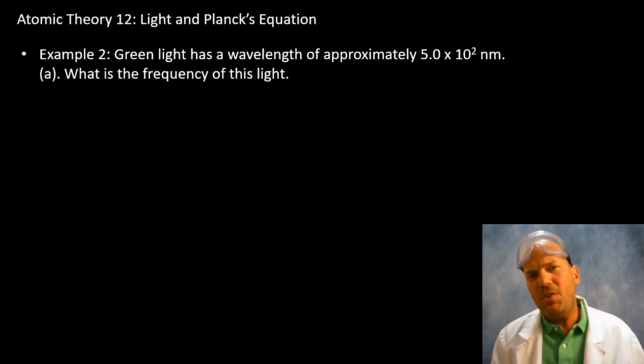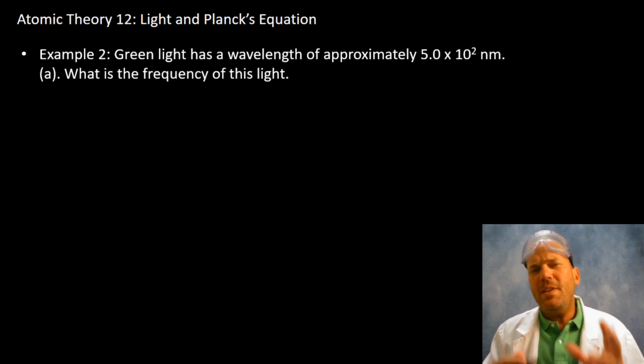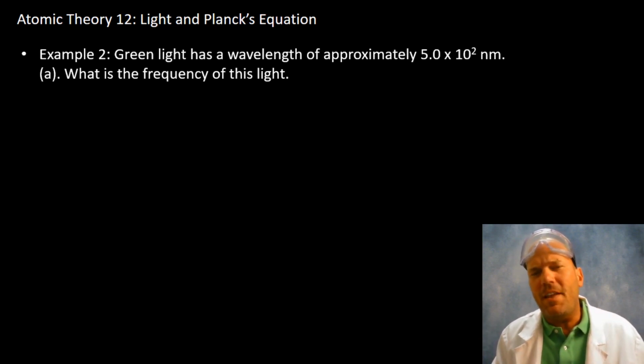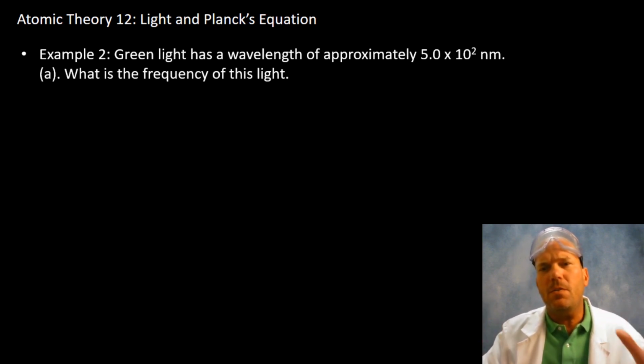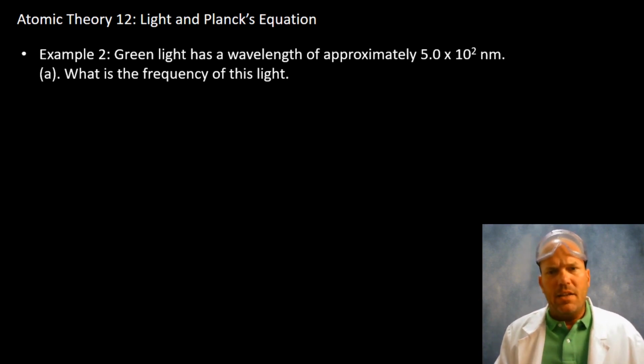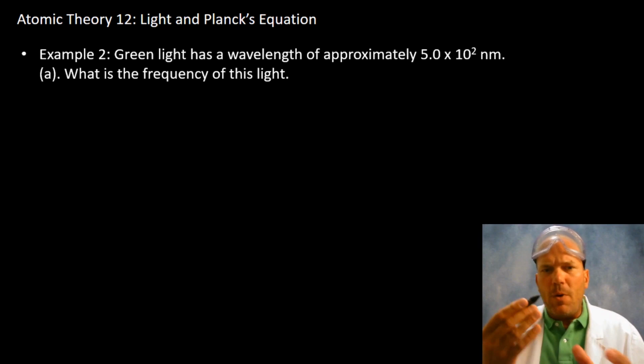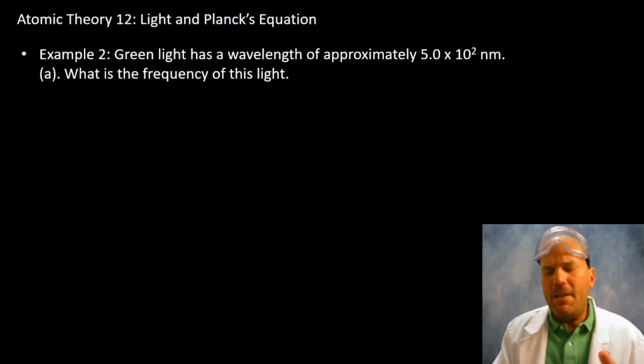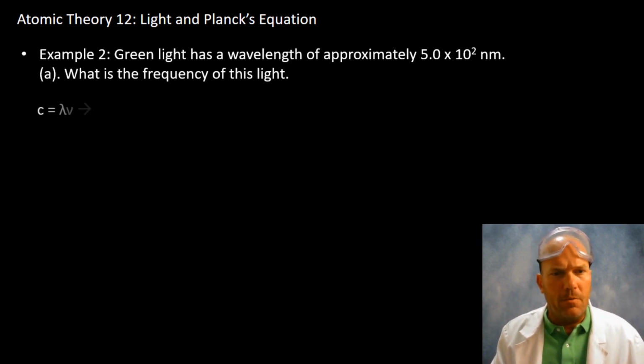In example 2, you're told that green light has a wavelength of approximately 5.0 times 10 to the second nanometers. And you're asked, what is the frequency of this light? So with that information, you have wavelength and you're simply asked about the frequency.